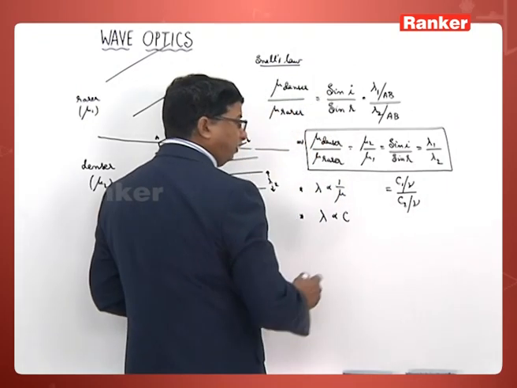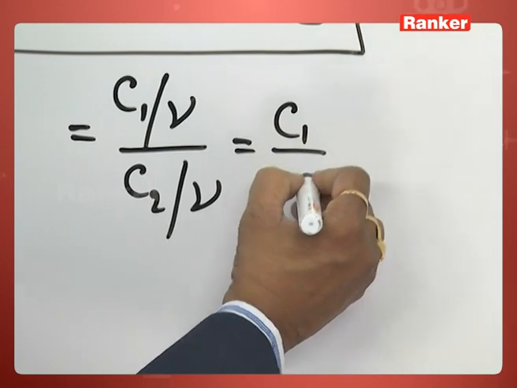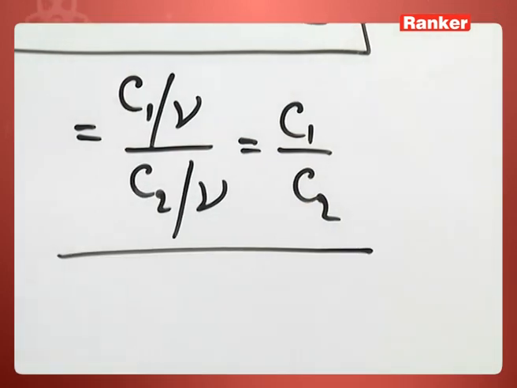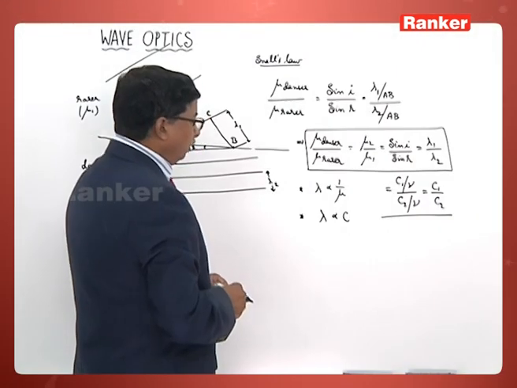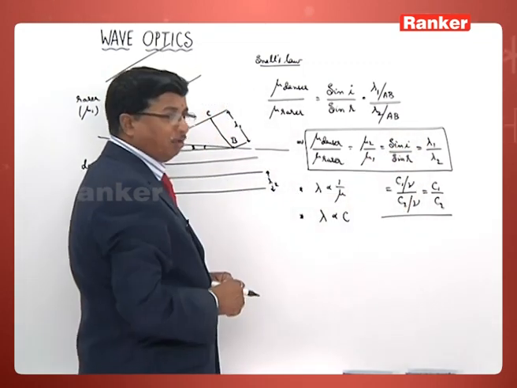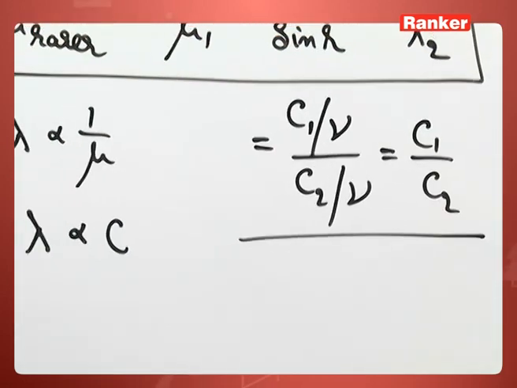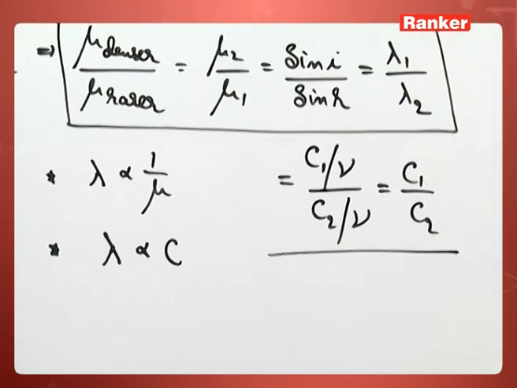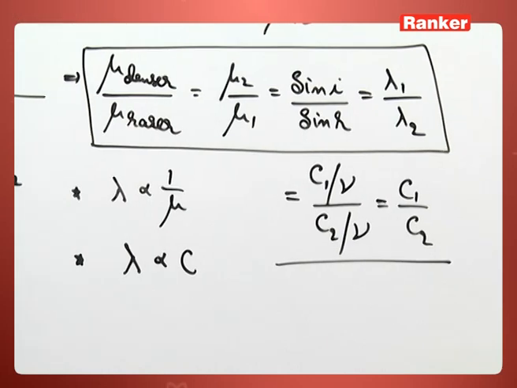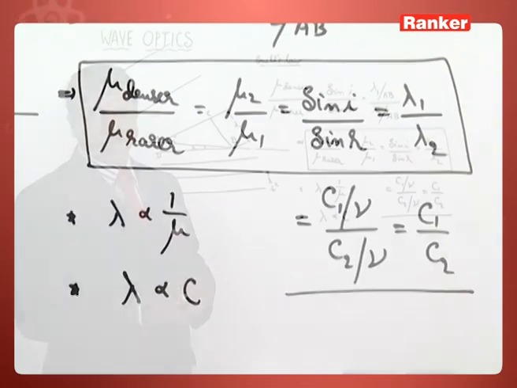Nu being the frequency, which is constant, gets cancelled, and you are left with C1 by C2. In other words, wavelength and velocity of light in a particular medium are directly proportional to each other. The more the wavelength in a medium, the more the velocity of light in that medium.